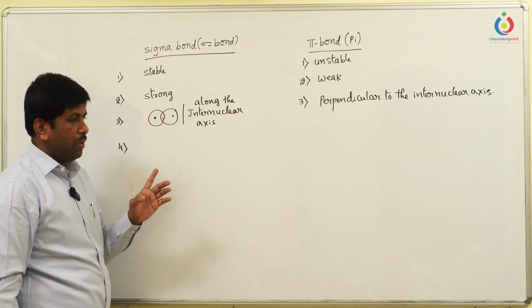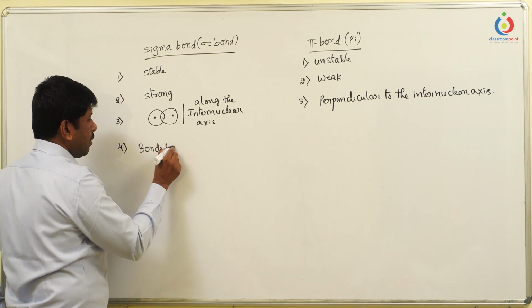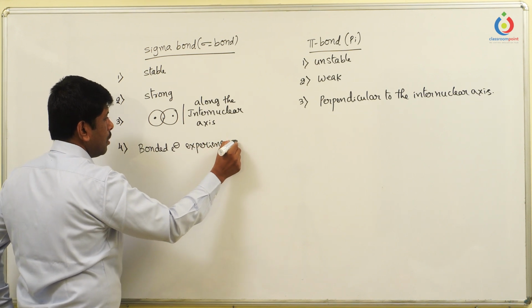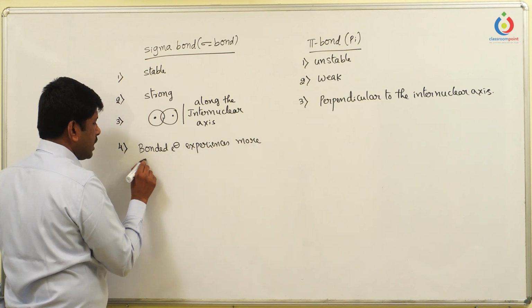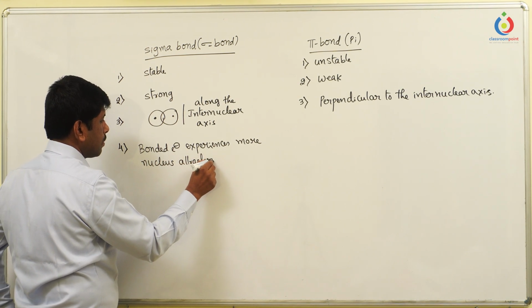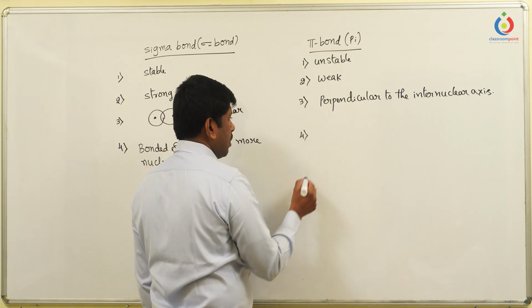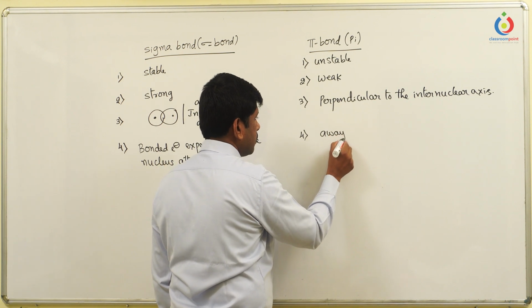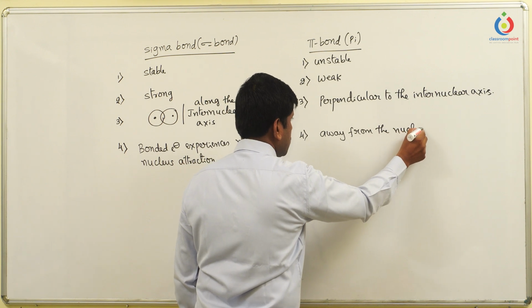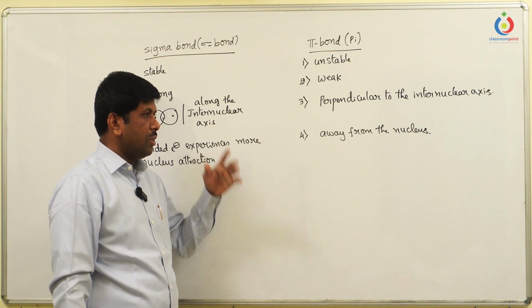Since it took place along the internuclear axis, bonded electrons experience more nucleus attraction power. And here, the electrons are located away from the nucleus. Since electrons are located away from the nucleus, they experience weak or very less nucleus attraction power.